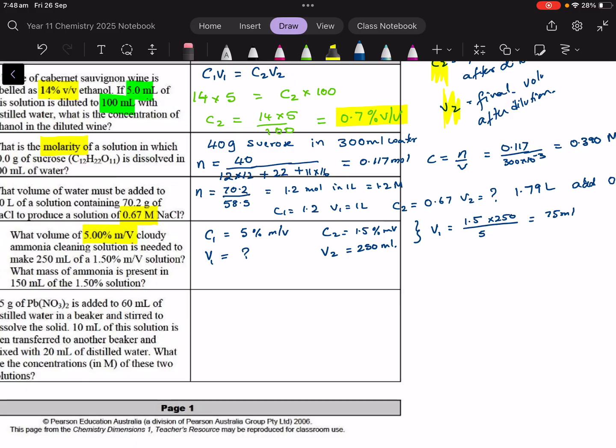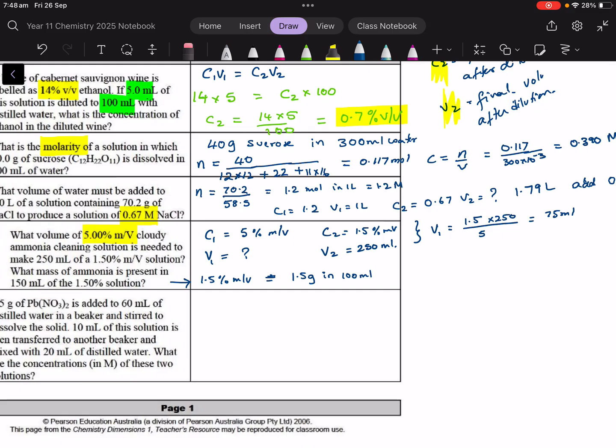Now, part B, you have a 1.5% solution mass over volume, which is equivalent to 1.5 grams in 100 milliliters.